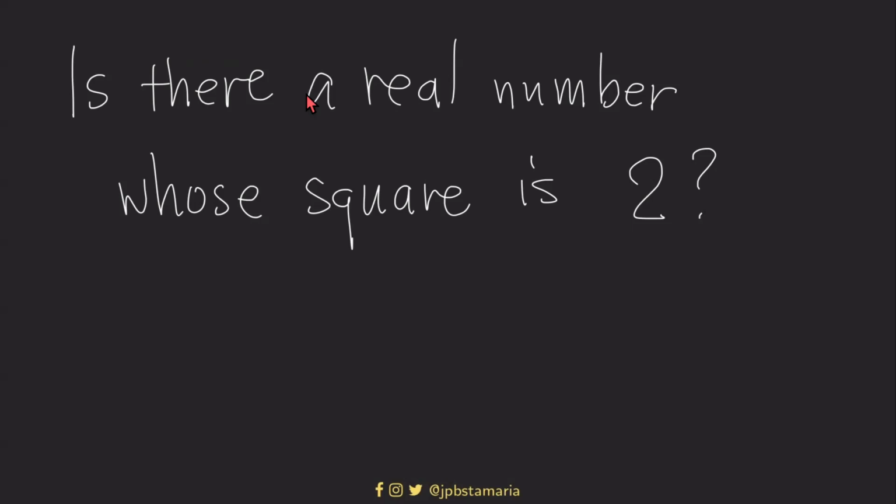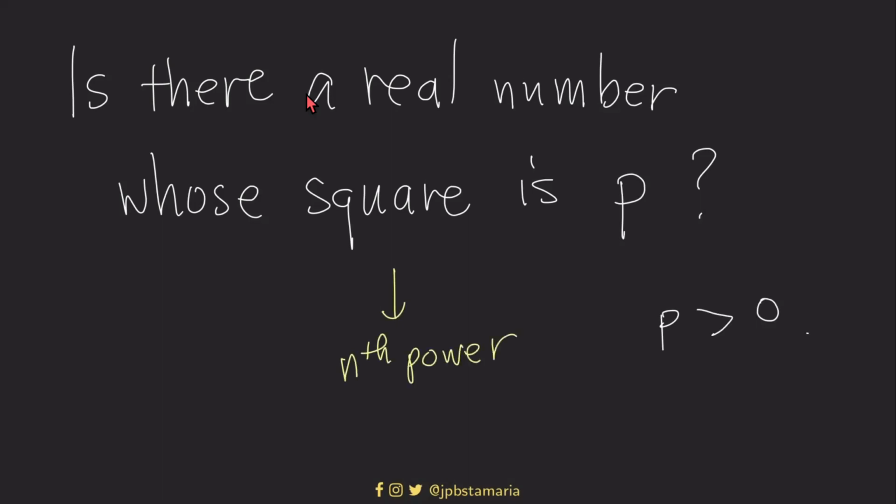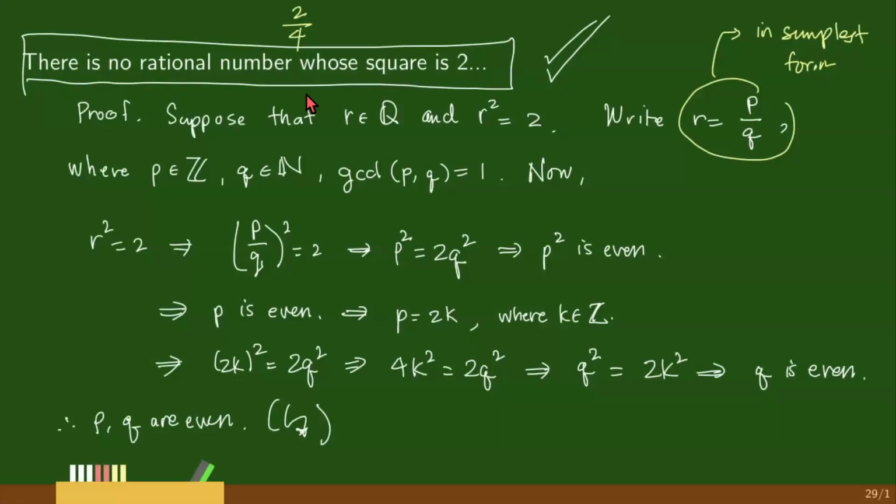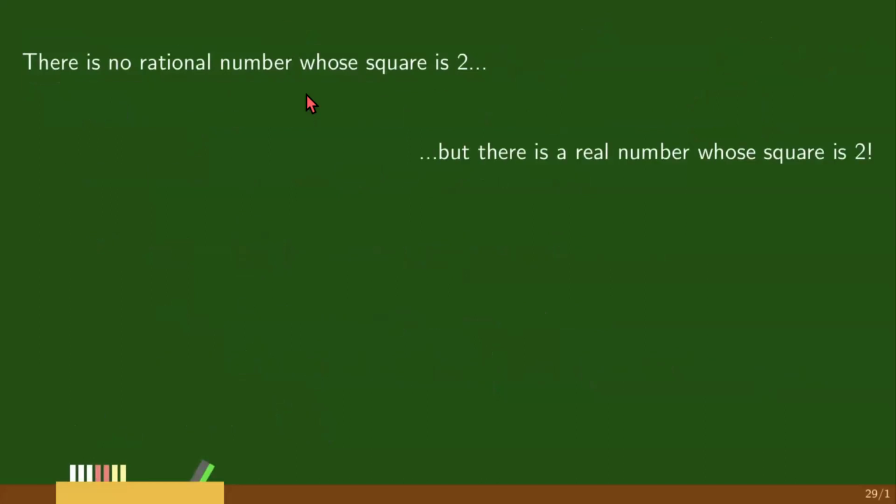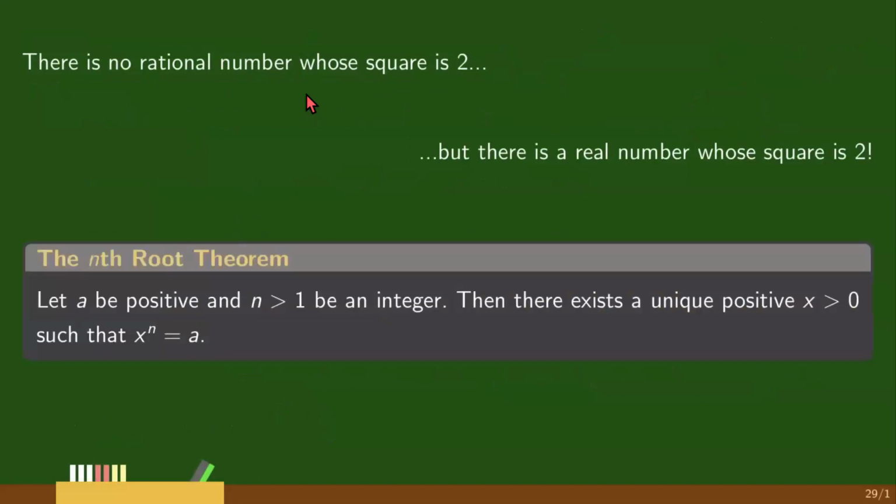In fact, we are going to answer a more general question. We will replace 2 by any positive number. At hindi lang square, papalitan din natin yung square. We will try to replace it by the nth power. That's what I call the nth root theorem.